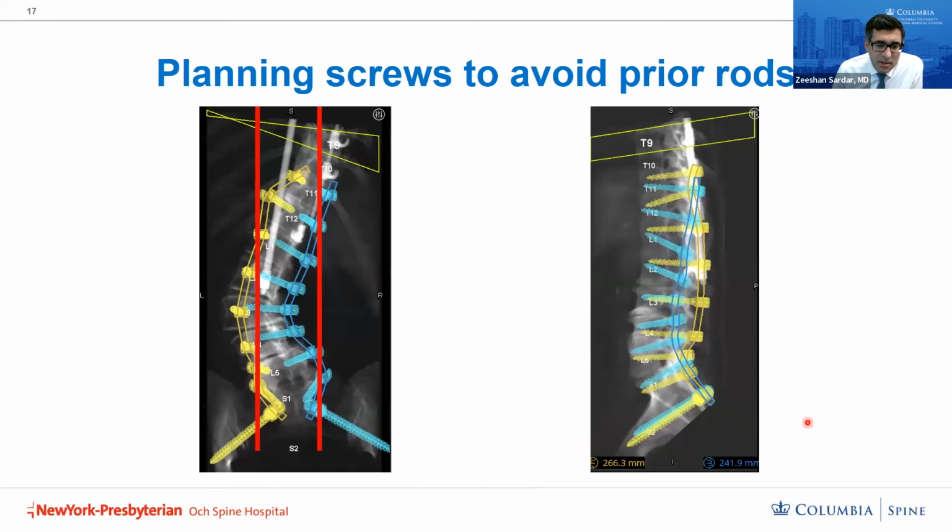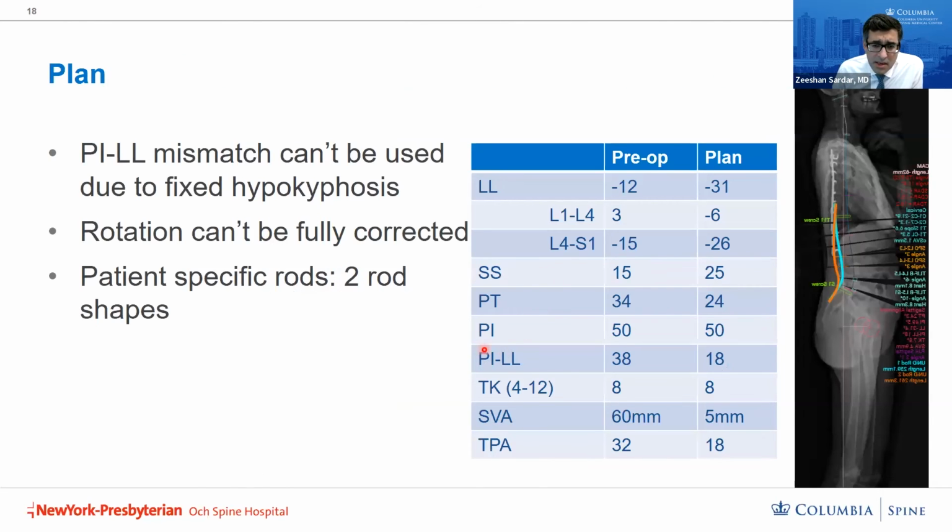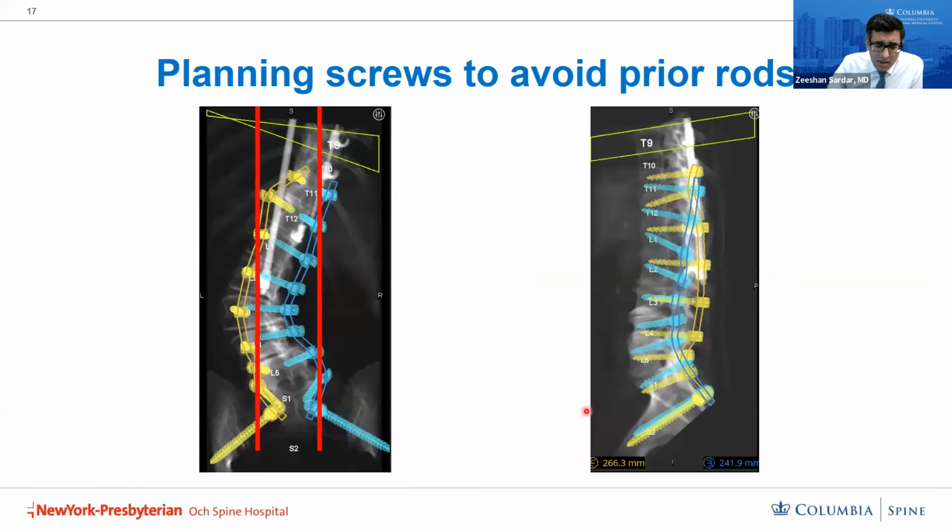In most of my cases now, I use some kind of enabling technology. Here we planned out the screws prior to the case so that I can avoid the existing rods, and place the screws around the pre-existing rods. The other interesting thing I saw from planning the screws was that if you look at the contour of the rod that the simulation is giving me, the 2 rods are of different shapes.